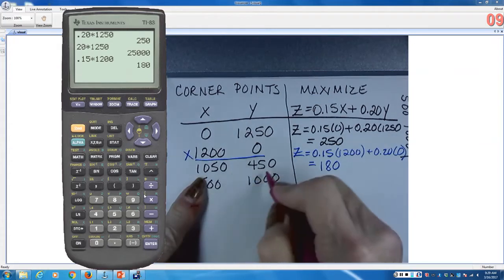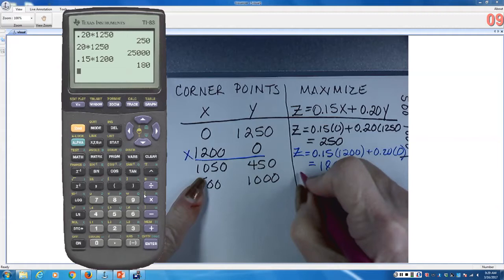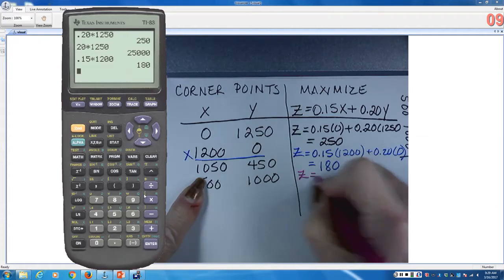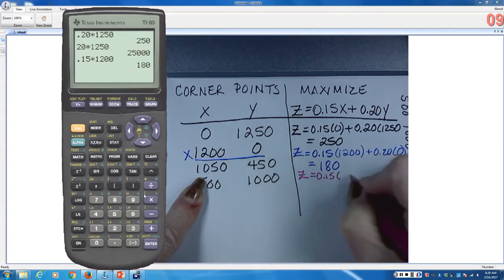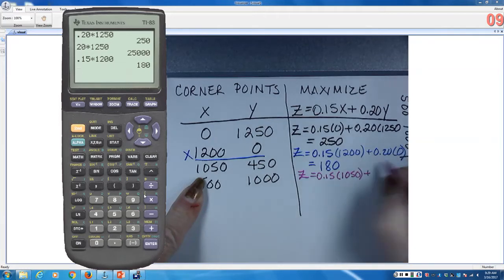And we have 1050, 450. So that's going to be z is equal to 0.15 times 1050 plus 0.20 times 450.